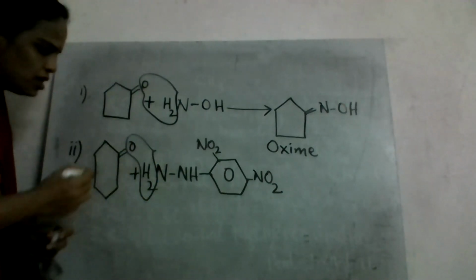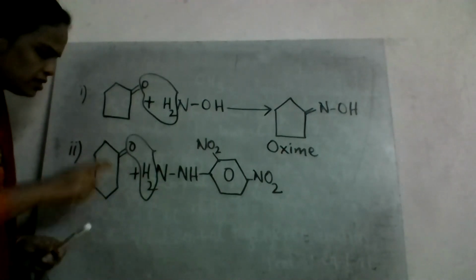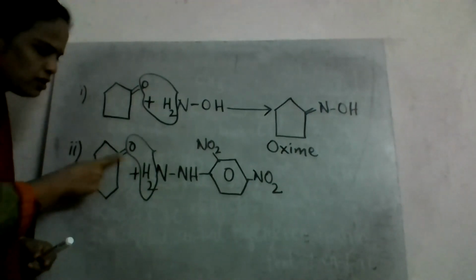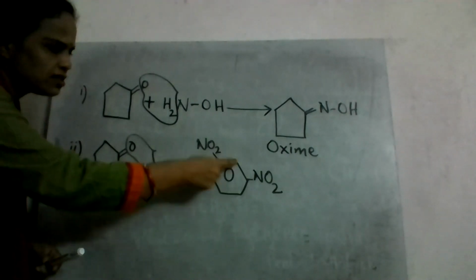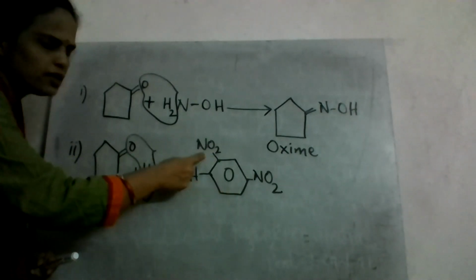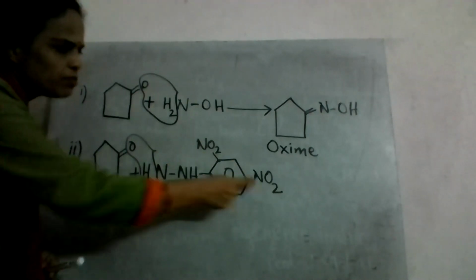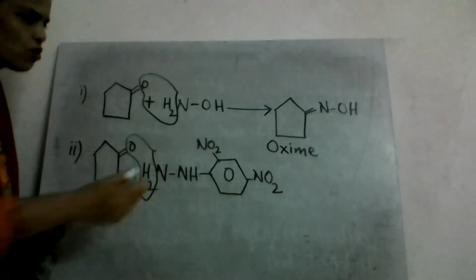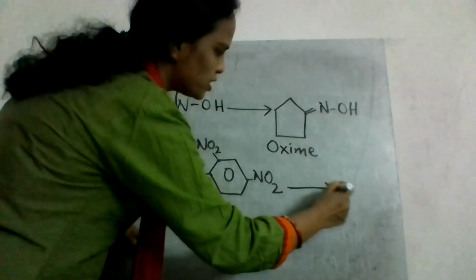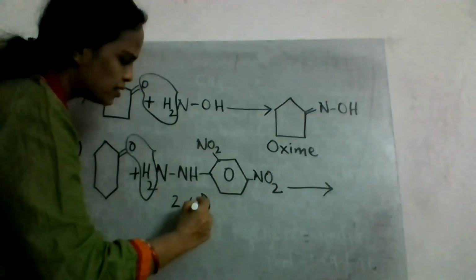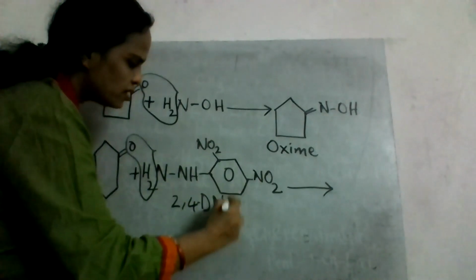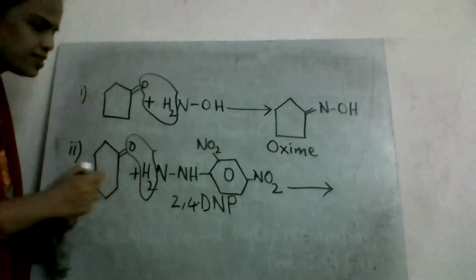Remove H2O from here. H2O is removed and the product that is formed is this cyclohexane ring with a double bond attached to NH, C6, this benzene ring, NO2 on the second position and NO2 on the fourth position respectively. So this compound is 2,4-DNP. DNP stands for dinitrophenyl hydrazine.